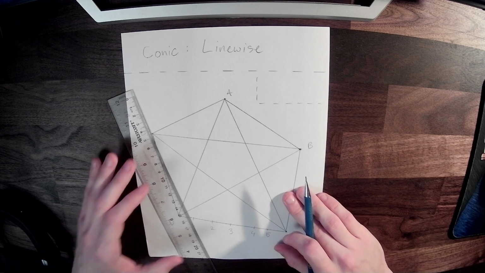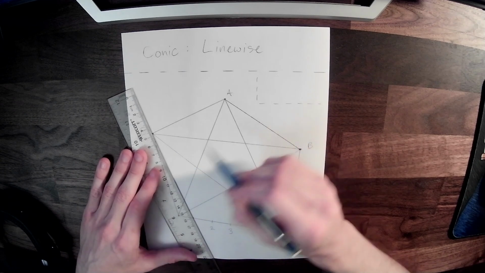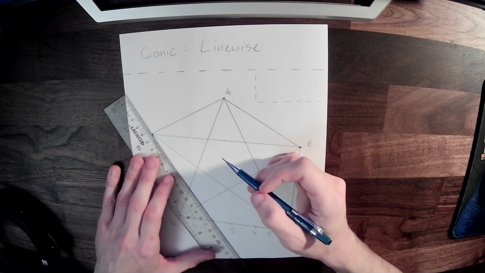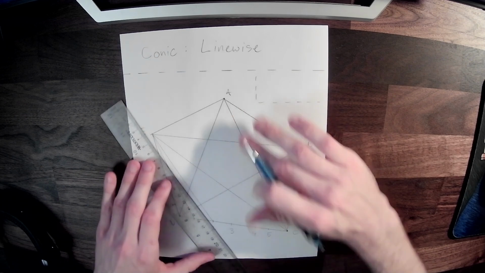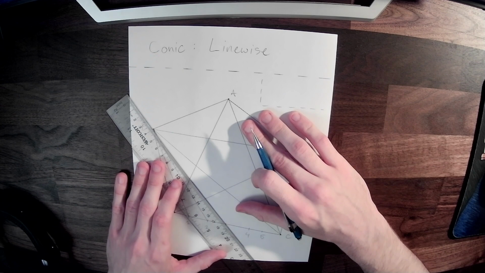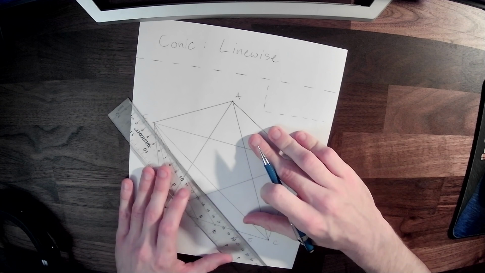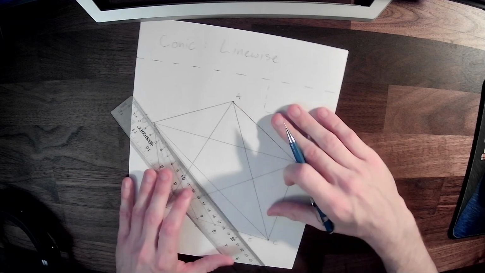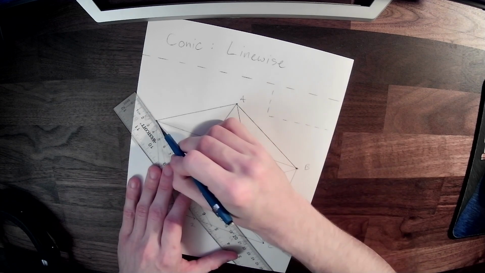So let's do that. So there's one line. 2, 3, 4, and 5. Okay.